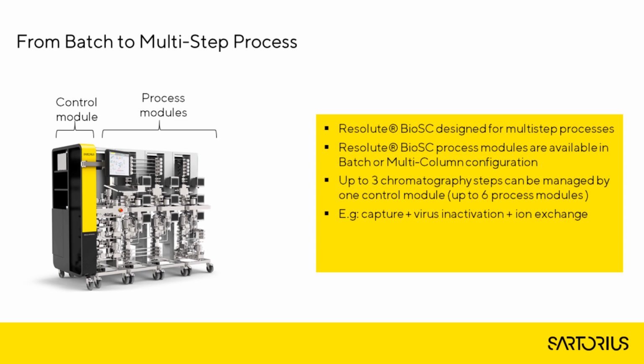The system can support three chromatographic steps and up to 6 columns in total. So for example, we can do capture chromatography with 2 or 3 columns, then virus inactivation, and then anion exchanger.